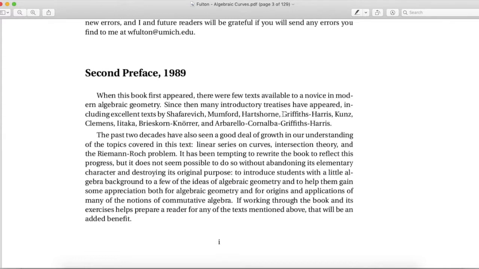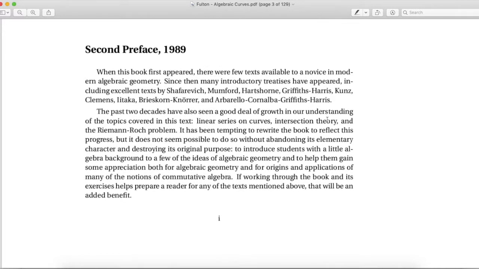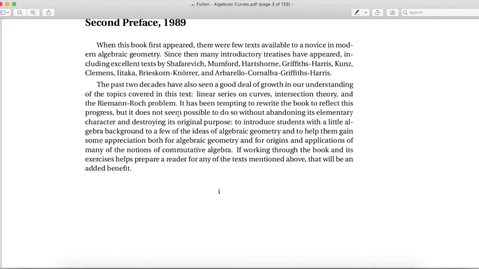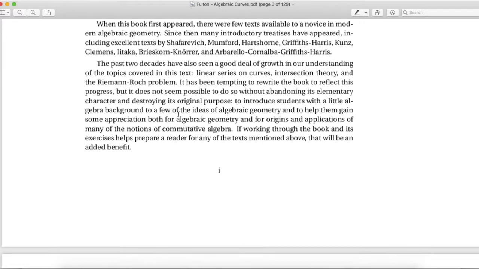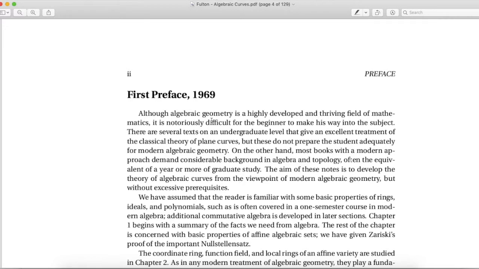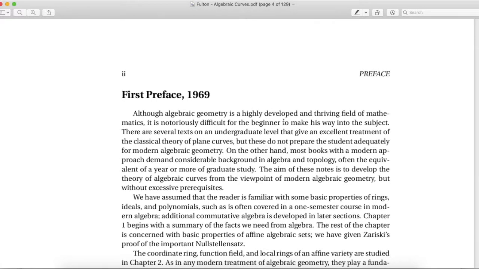Since then, many introductory treatises have appeared. There's been a good deal of growth. Algebraic geometry is a highly developed and thriving field of mathematics. It is notoriously difficult for the beginner to make his way into the subject.